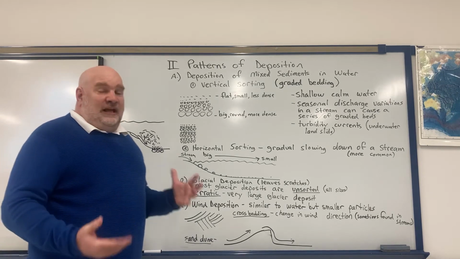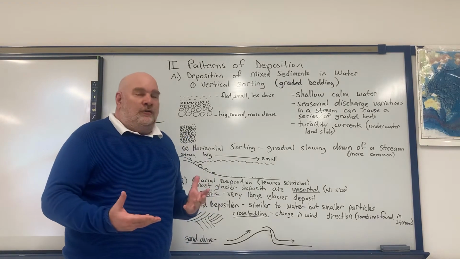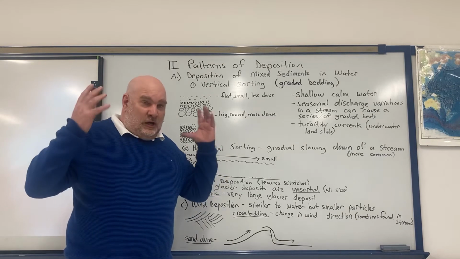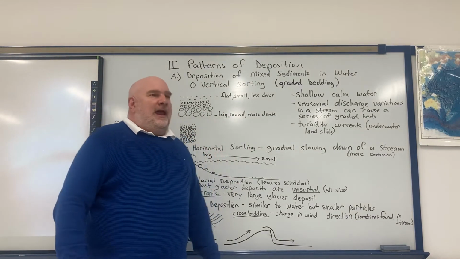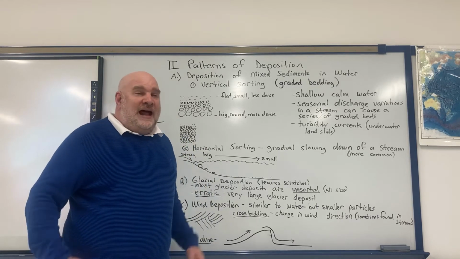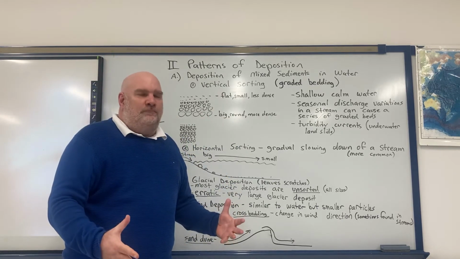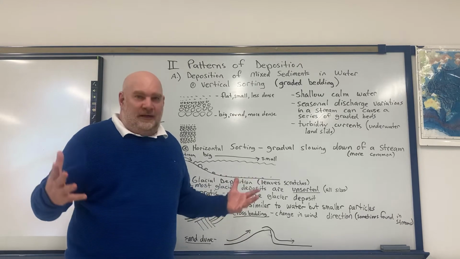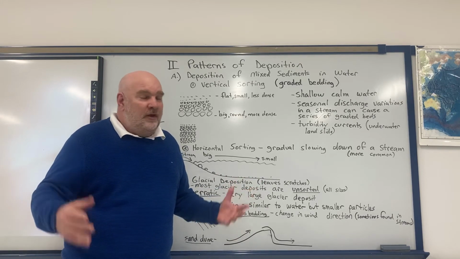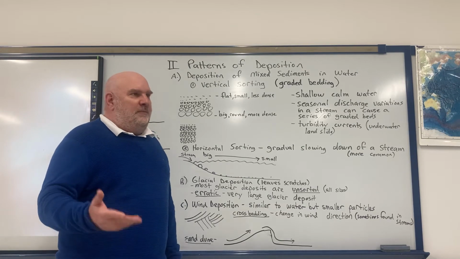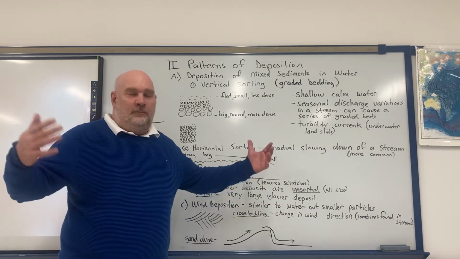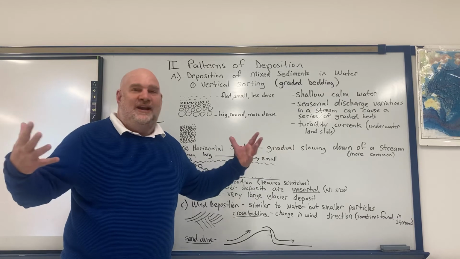Now, again, because glaciers are really strong, powerful things and ice is a solid, it can carry really, really big particles, big giant boulders. And when the glaciers melt away, a lot of times they just leave these big giant boulders seemingly randomly in areas. So if you live in an area that was covered by glaciers, you might be walking in the woods and you just stumble upon a big giant random boulder.